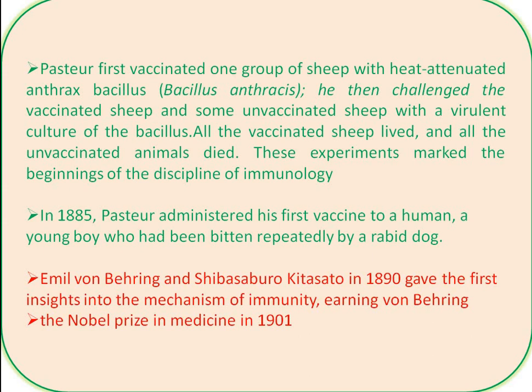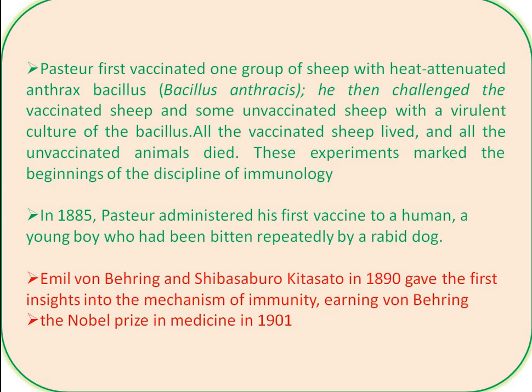Pasteur first vaccinated one group of sheep with heat-attenuated anthrax bacillus. He then challenged the vaccinated sheep and some unvaccinated sheep with a virulent culture of the bacillus. All the vaccinated sheep lived and all the unvaccinated animals died.